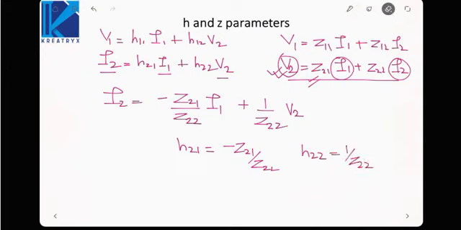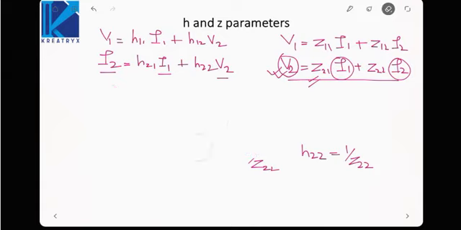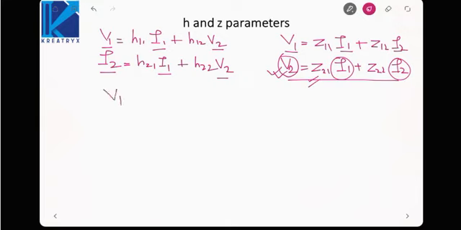Now, if we want to find out H11 and H12, then what we have to do is, if you see this equation, it is a relation between V1, I1 and V2. Here V1, I1 and I2 is there. So let us substitute I2 in terms of I1 and V2. So V1 is equal to Z11 I1 plus Z12.